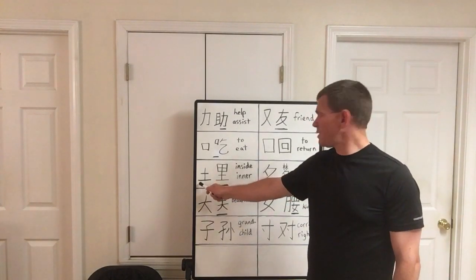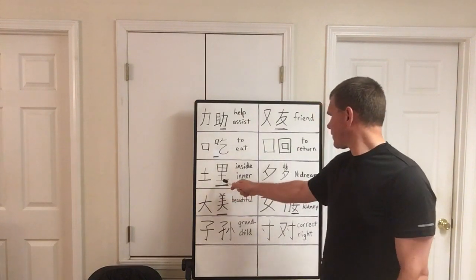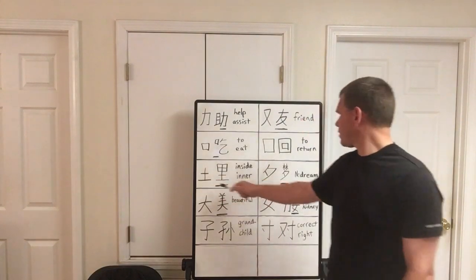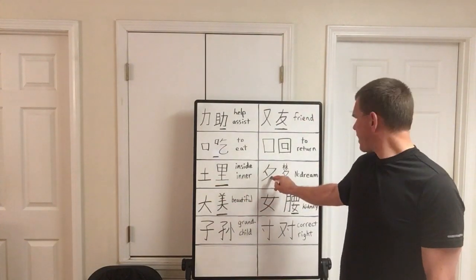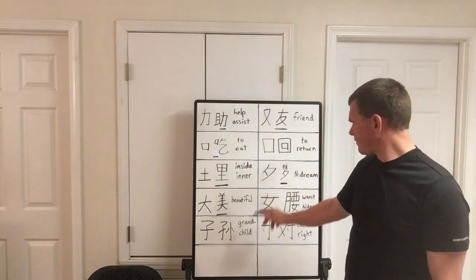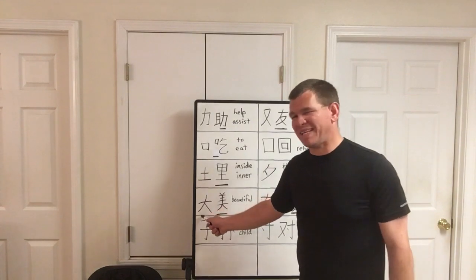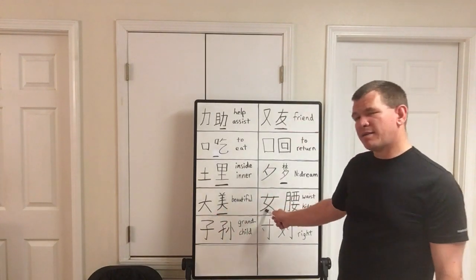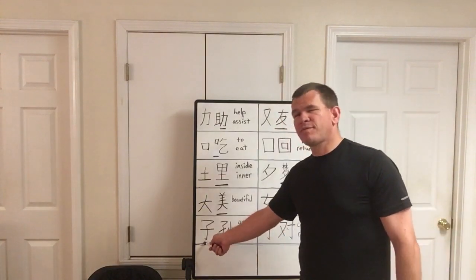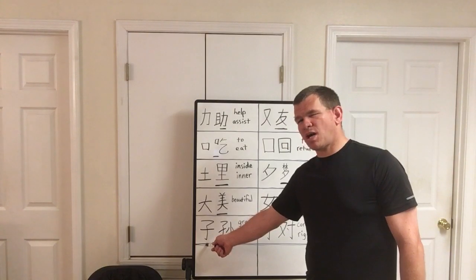The fifth character is ground or earth. Ground or soil. Now number 6 is sunset by itself. The 7th character is big. The 8th character means female or girl. The 9th character is son or child.